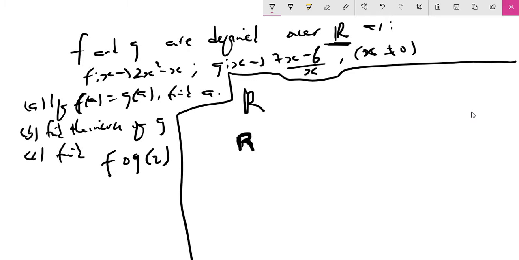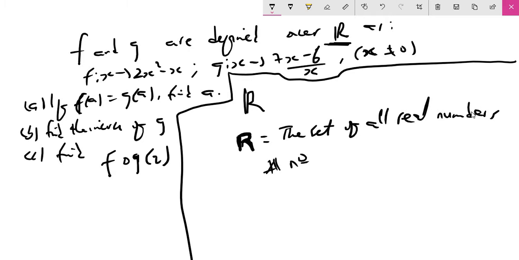R always represents the set of all real numbers. And by real numbers, just think of it as all numbers that make sense.